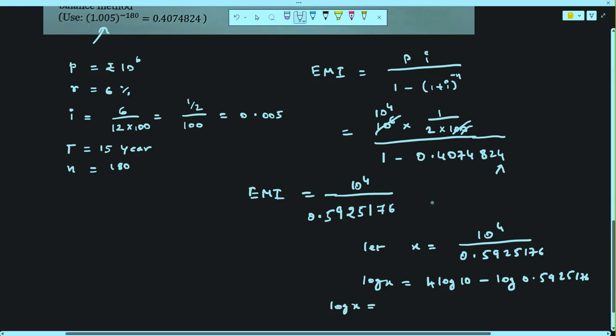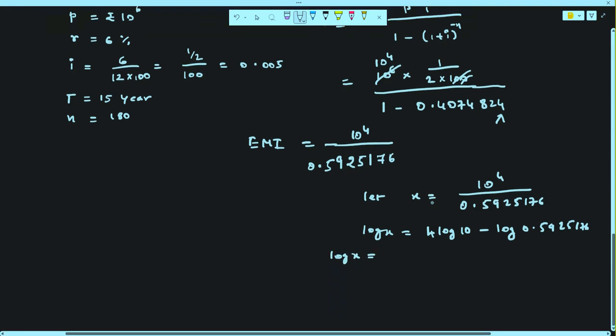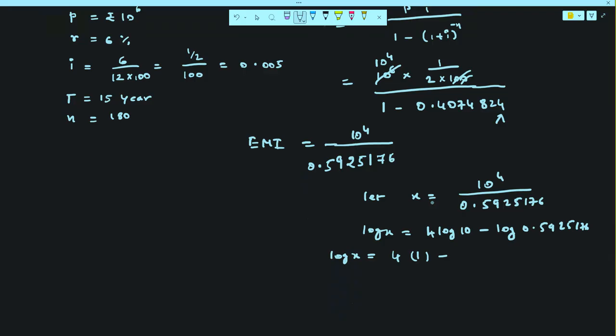Actually, the logarithm table gives only 2 decimals, but they have mentioned more than that. So 4 into 1 minus, here 0 means bar 1. Remember, bar 1 dot. Now check 5925, how much?